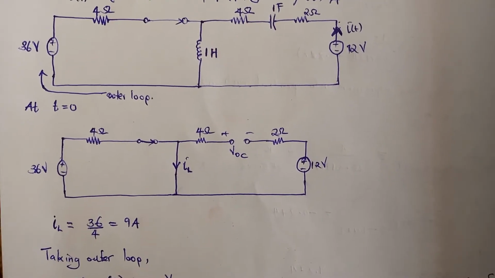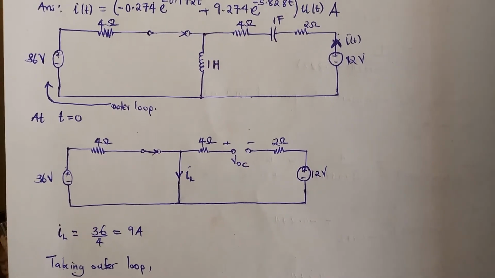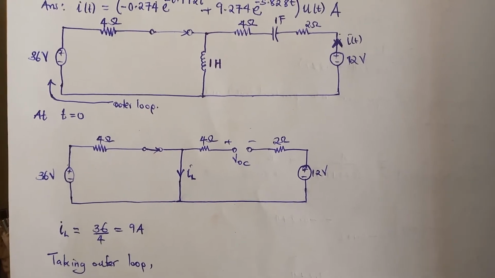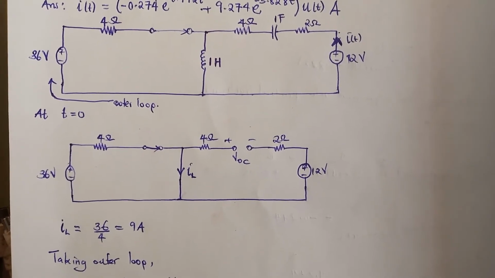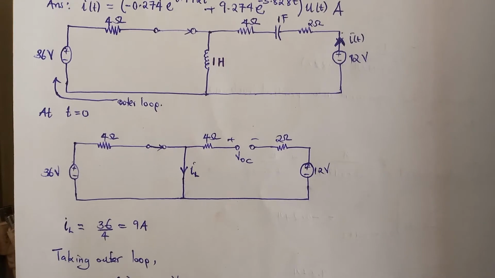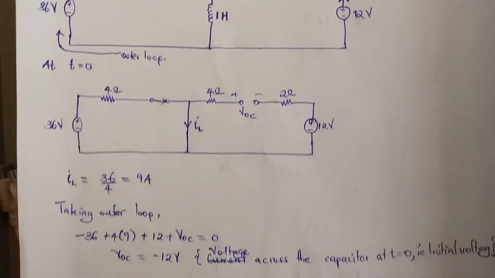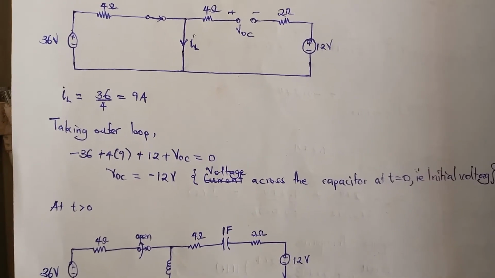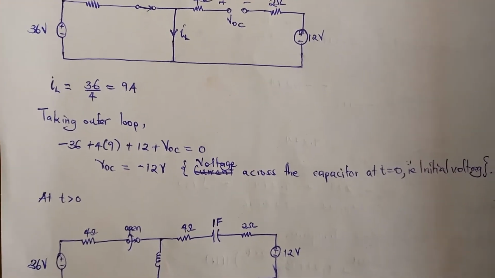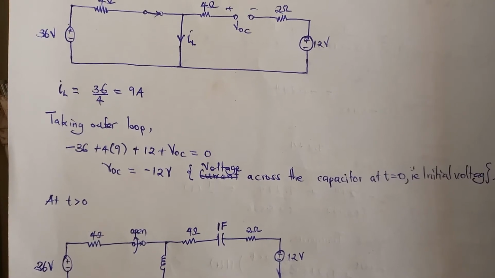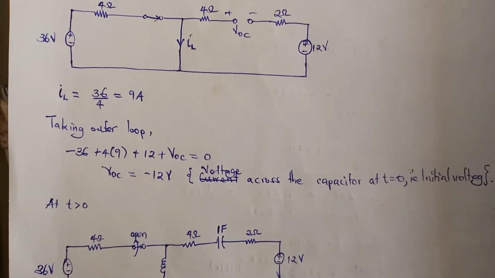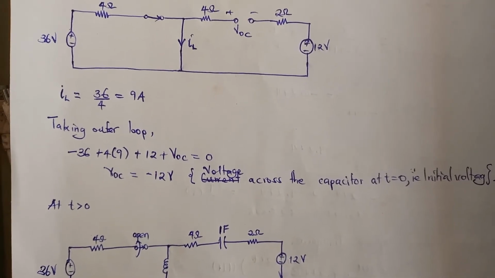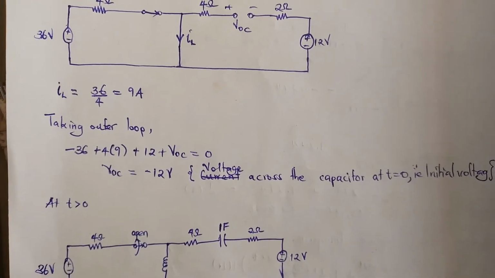So we have negative 36 plus 4IL plus the open circuit voltage VOC, plus the 12 volts, which gives us 0. We don't know the current through the open circuit, but we know the voltage across it.